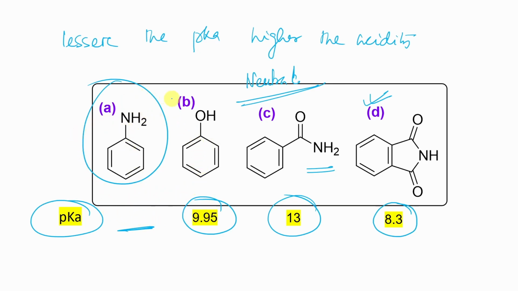But we know that phenol is more acidic compared to NH2, and this option D is more acidic compared to phenol, so this is maximum acidic.